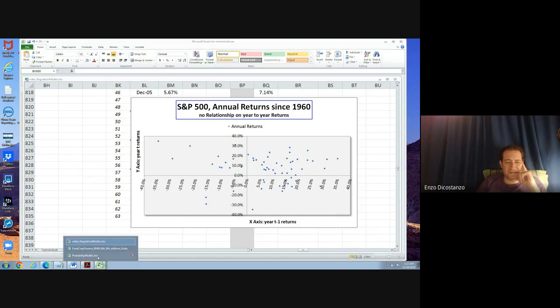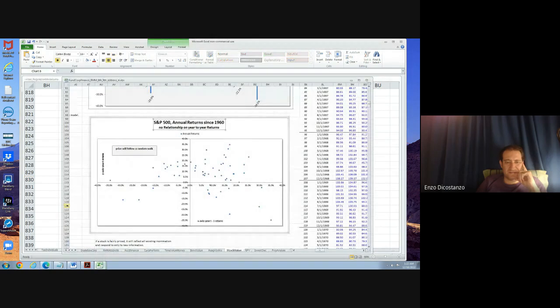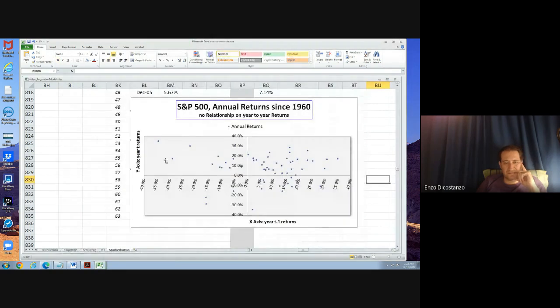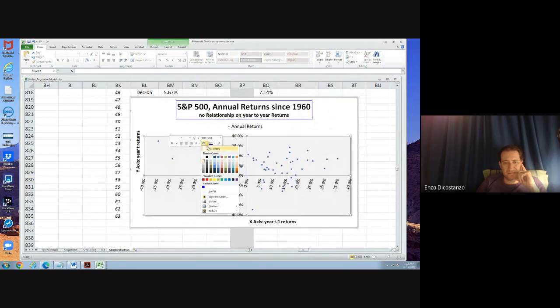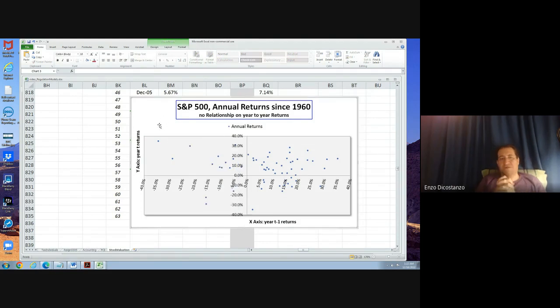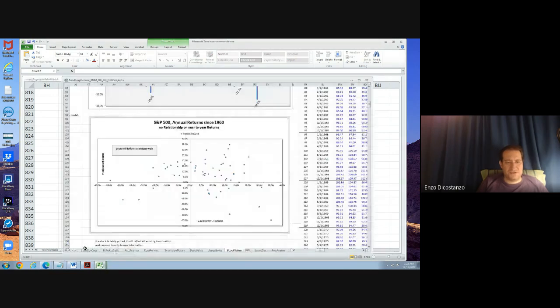Something like that. But there you go. So obviously it's a random walk. And the other conclusion here was price will follow a random walk. So let's do that.